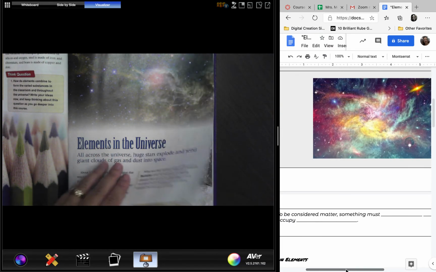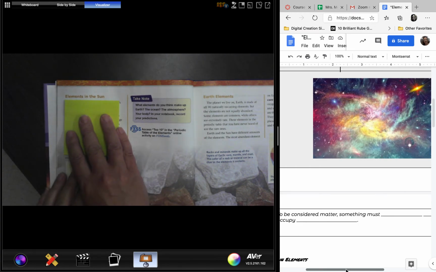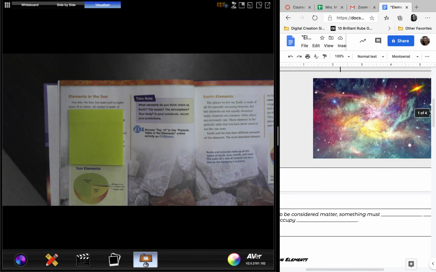Turn the page, 16. Elements in the Sun. Our star, the sun, has mass and occupies space. It is matter. Whoa, that sounds familiar.